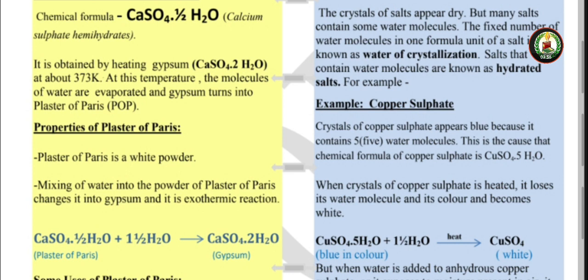The example given to you is copper sulfate. Students, crystals of copper sulfate appear blue. Why? Because they contain 5 molecules of water. When you heat the blue crystals of copper sulfate, then their color changes from blue to white.